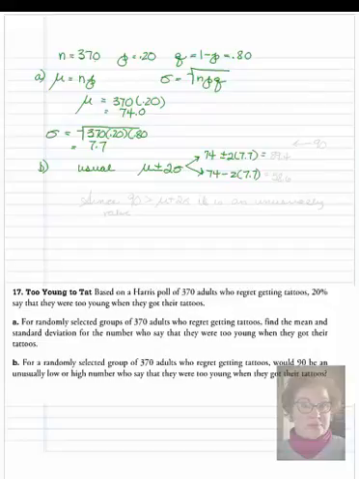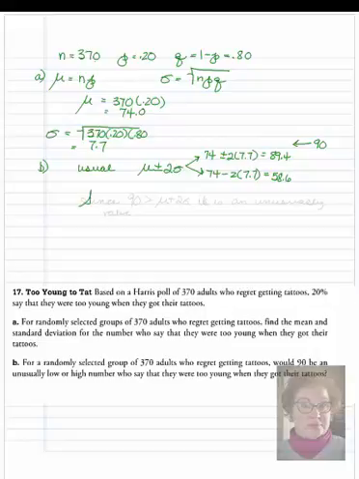So our high value is going to be 89.4. Our low value is going to be 58.6. And the number we're looking at, 90, is above our high unusual value.